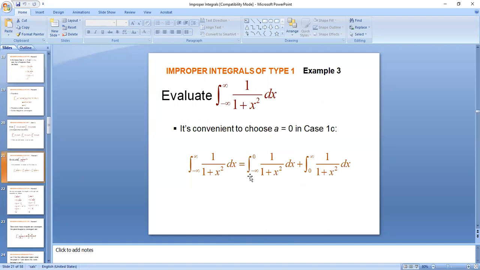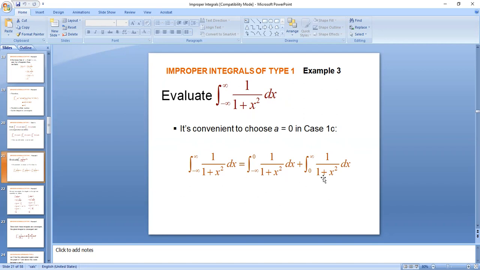We start with negative infinity to 0, and since we use 0 here, that would be our lower limit here. If this is 1, this should also be 1. If this is 100, this should also be 100. If this is negative 10, this should be negative 10. So this 0 is just arbitrarily chosen.